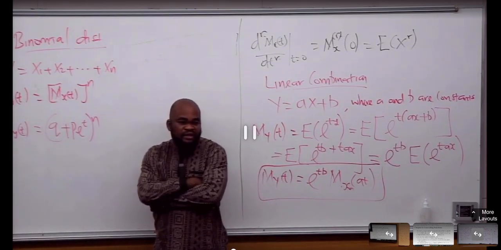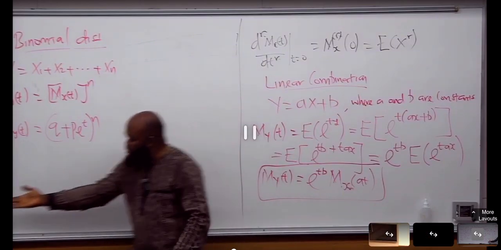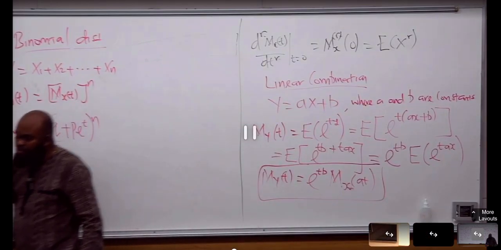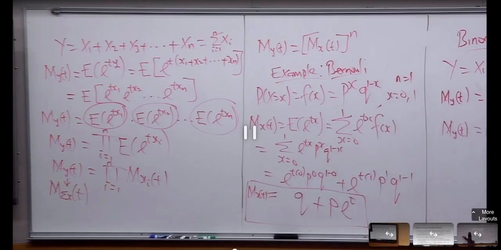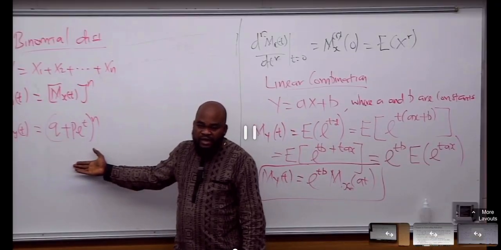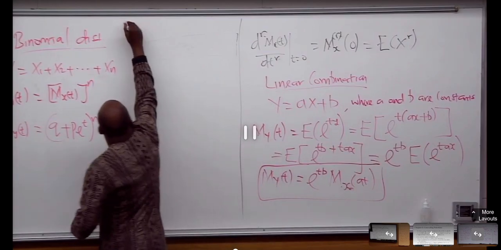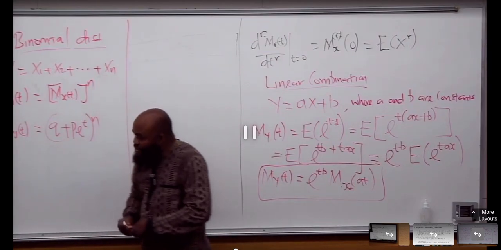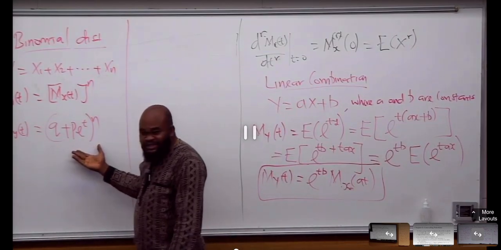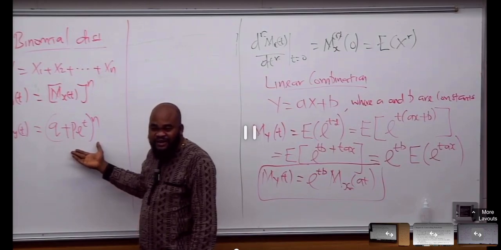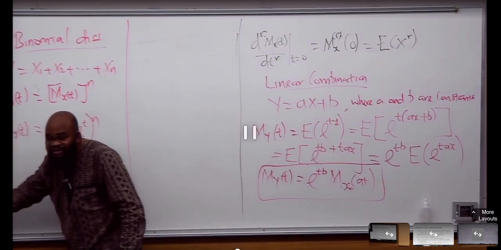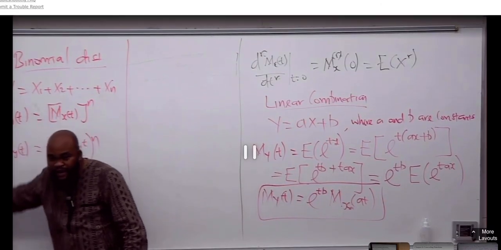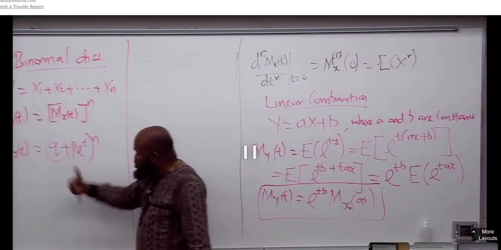What have I done? I looked at the relationship between the Bernoulli and binomial and applied that theorem, and that is what I have. Let me also tell you this. If I ask you to derive a moment generating function for binomial, you can first start from Bernoulli and come here, or you can also go direct.